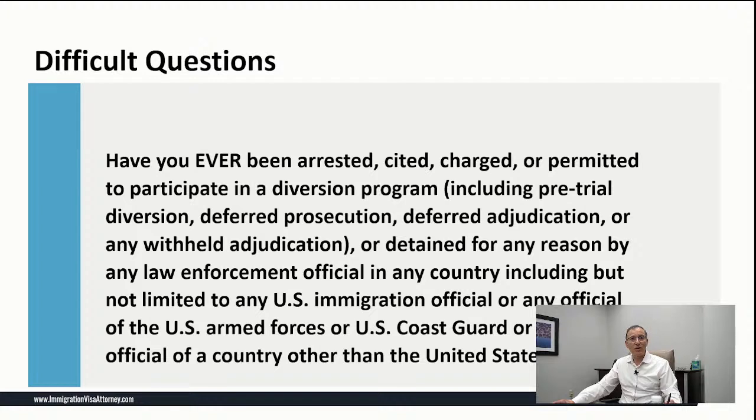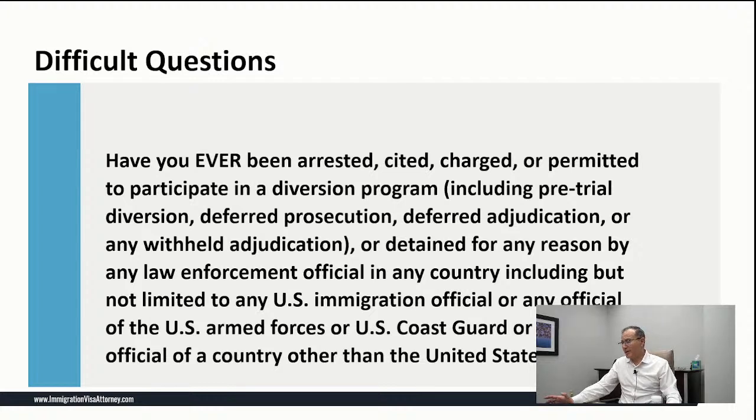You have to understand what a diversion program is, including pre-trial diversion, deferred prosecution, deferred adjudication, or any withheld adjudication, or detained for any reason by any law enforcement official in any country, including but not limited to any U.S. immigration official or any official of the U.S. Armed Forces or U.S. Coast Guard, or, and this is the part that is really critical, by a similar official of a country other than the United States.